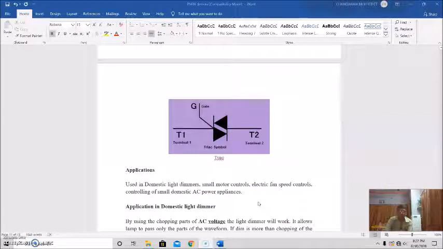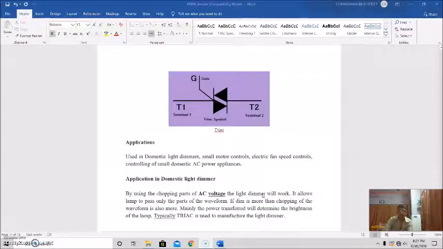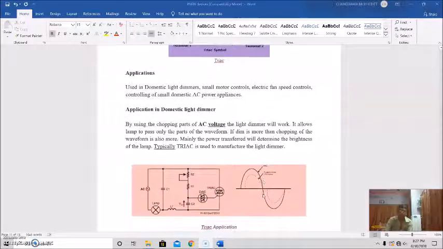It is mostly used in applications such as domestic light dimmers, small motor controls, electric fan speed controls, controlling of small domestic AC power appliances, etc. So we are seeing here an application in a domestic light dimmer using TRIAC. This is also another important member of the thyristor family.